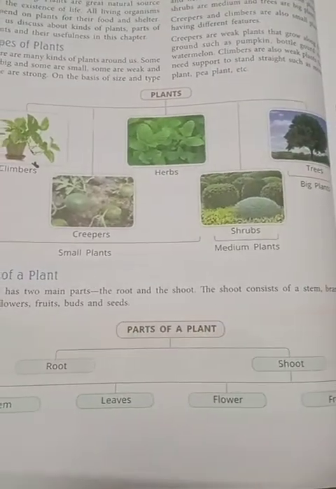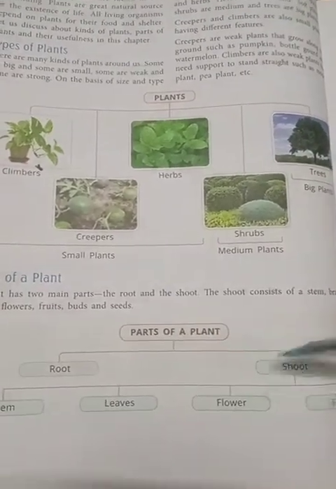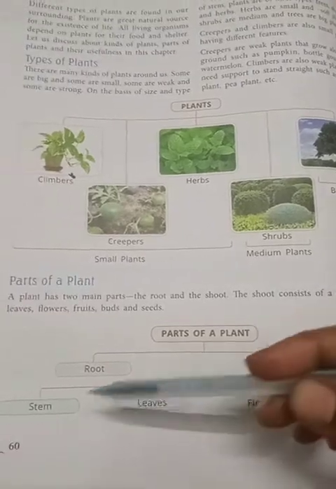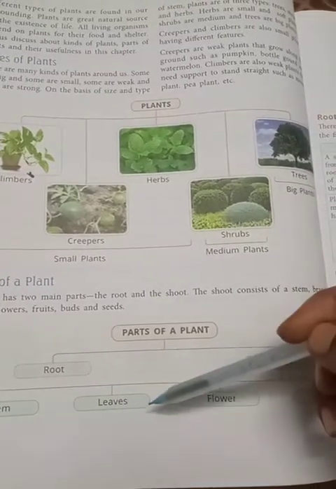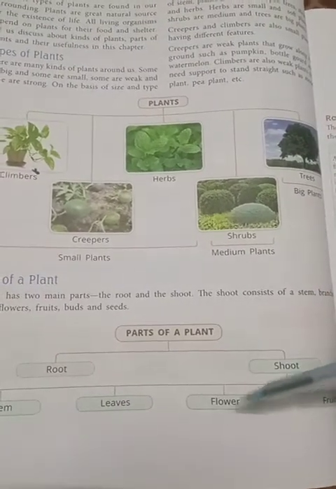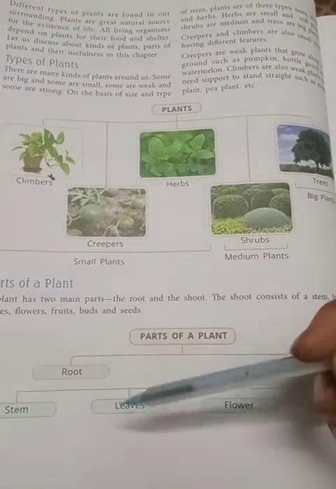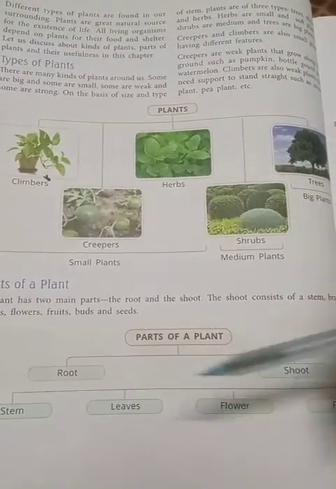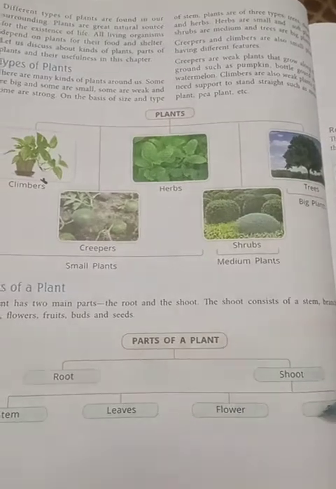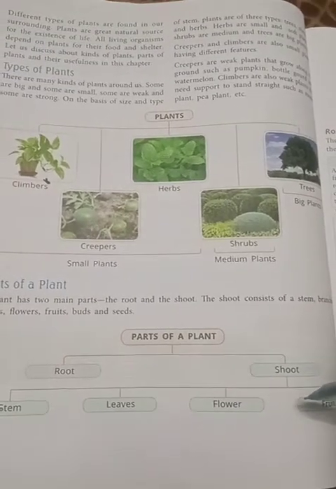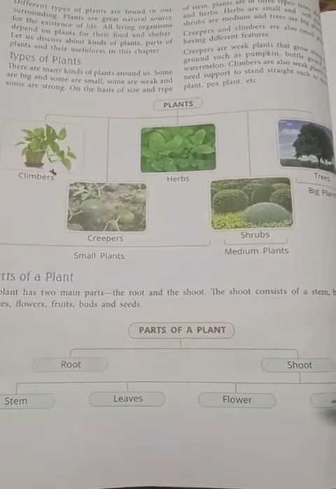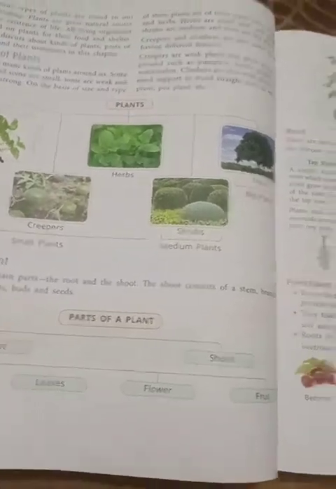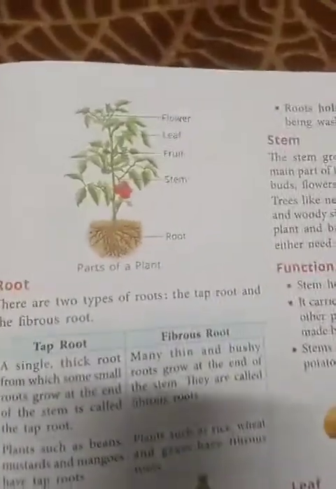A plant has two main parts, root and shoot. The shoot consists of stem, leaves, flowers and fruits. These are the parts of the plants.